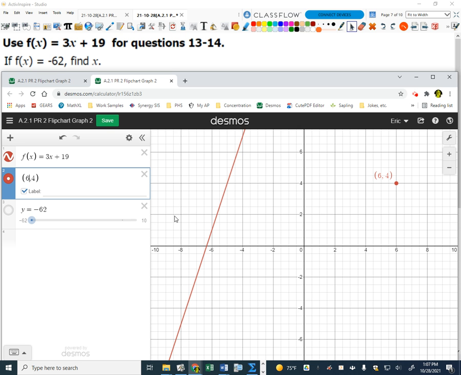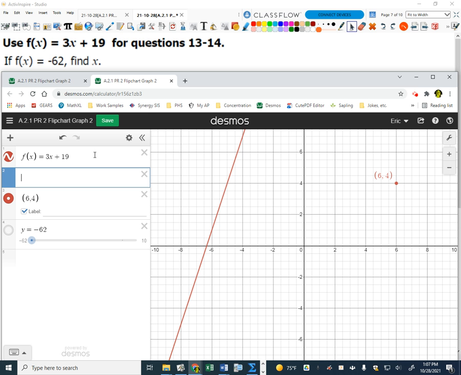All right, now my next challenge for you is I want to find the point on the red line that has an x coordinate of -6. How could I do that? I want to put a point on my nice red line where x is -6. -6, 0.